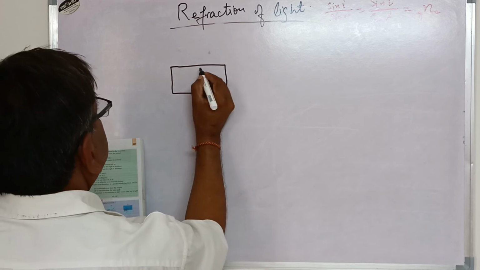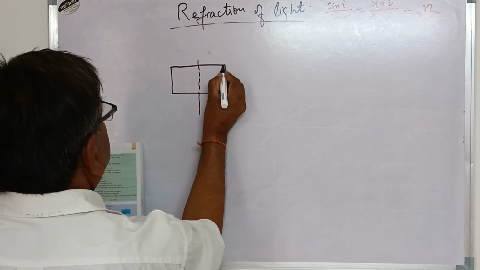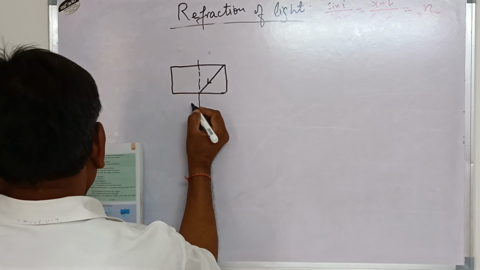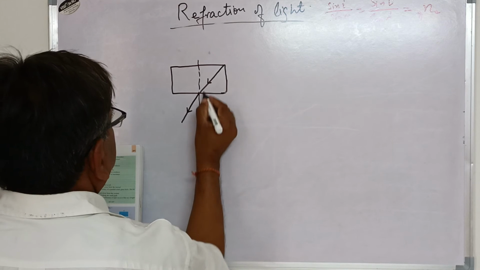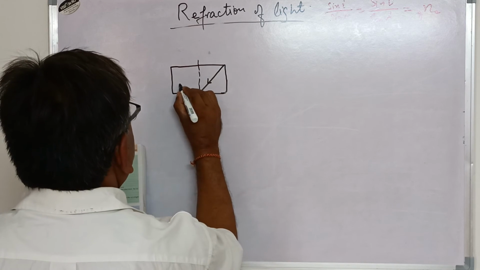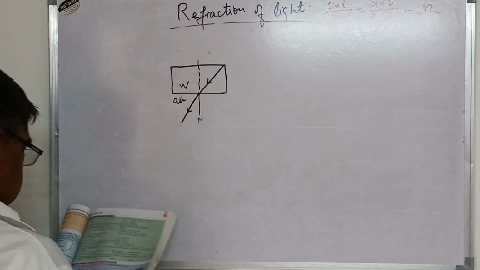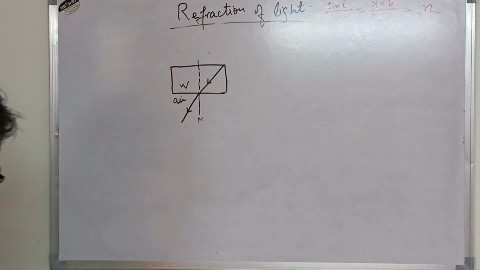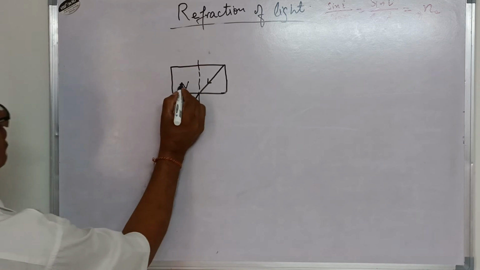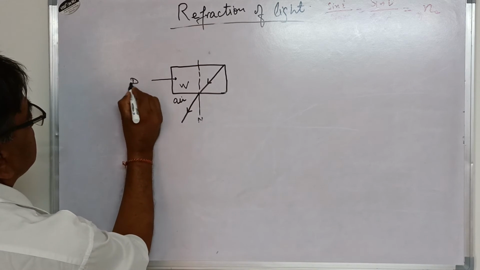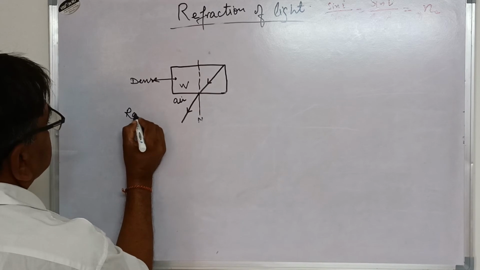Here is the normal, the ray comes here, and it is shown that it bends towards the normal. This is water and this is air. Now examine whether it is true or false. Which is the denser medium? Water is denser, and air is a rarer medium.